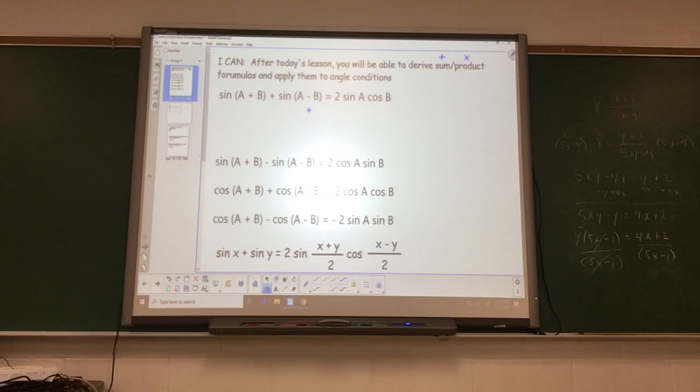This is going to be a very easy trig identity, because all you're doing is copying what is the sine of a plus b and the sine of a minus b, or the cosine of a plus b, cosine of a minus b. You're just copying it out.